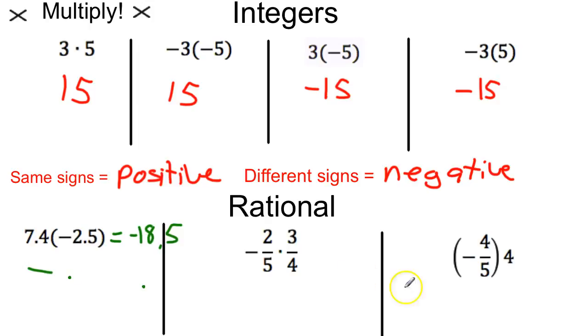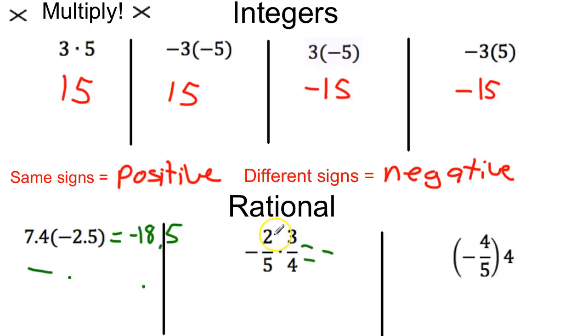When we have fractions like this, when you multiply, you do the top, the numerator, times the top, the other numerator, and the denominator times the denominator. First thing I do before I do that is think about the negative and positive. This is a negative, that's positive, so my answer is going to be negative.